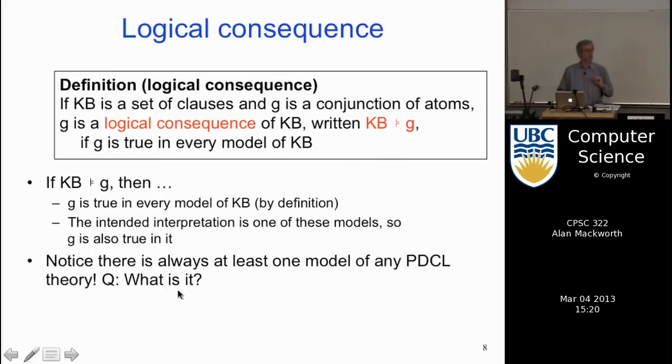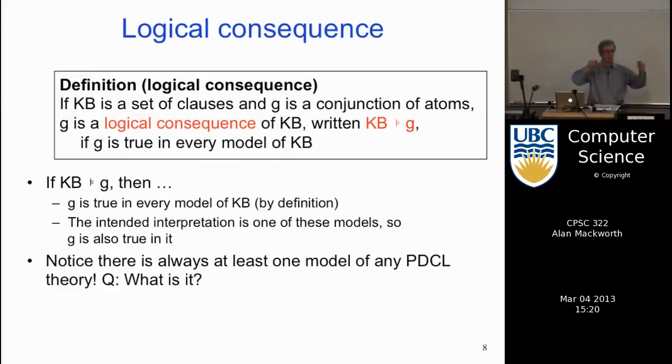Notice there's always at least one model of any PDCL theory. You're making a claim. Can you prove that's true, as a theorem? How do you prove that? What, all the atoms are true? Yeah, if all the atoms are true. Think about it. For any propositional theory, you have a bunch of atoms, say there are n of them. Then you write down the truth table for those n atoms. There are 2 to the n entries in the truth table.